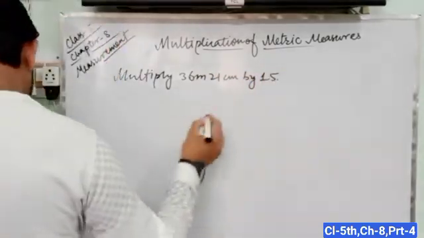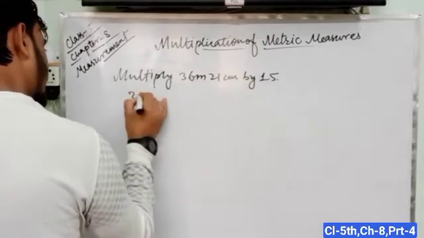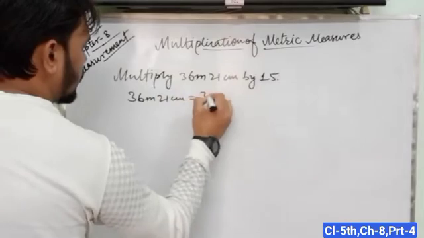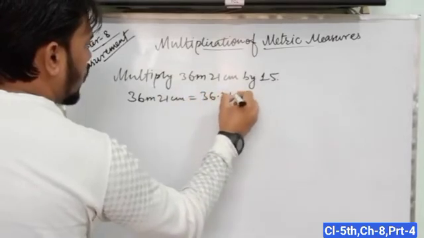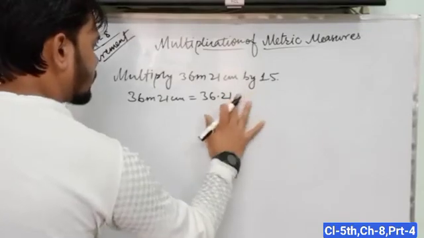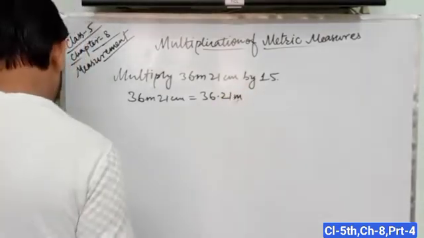So generally we know that 36 meter 21 centimeter is equal to 36.21 meter.